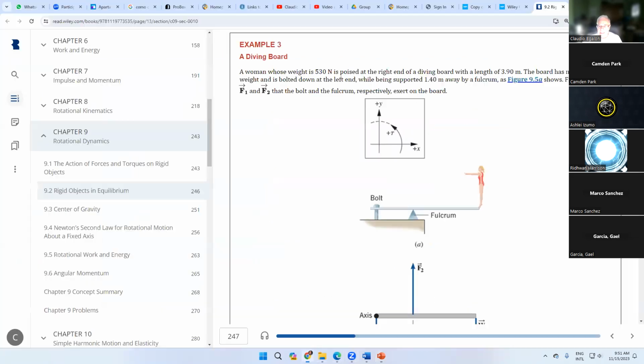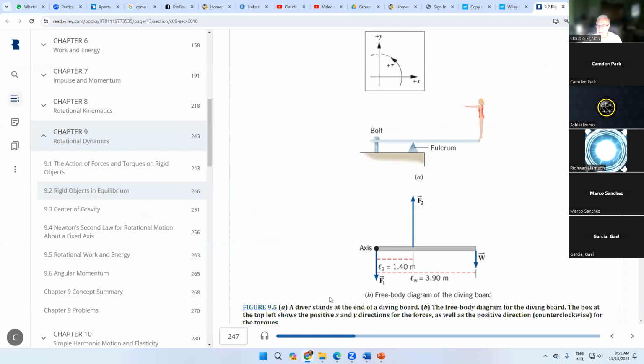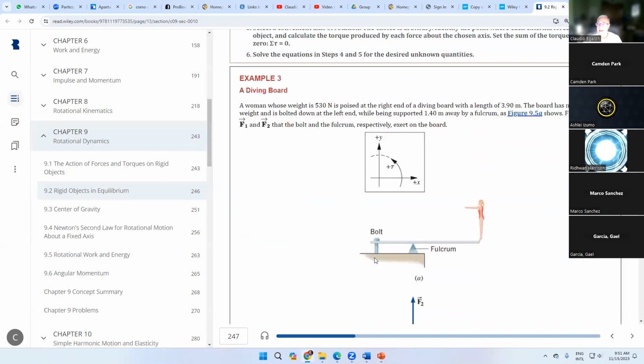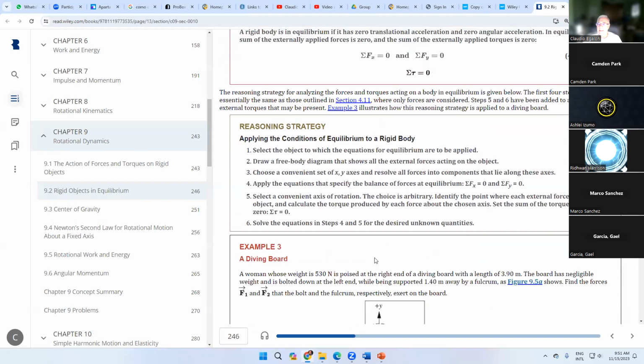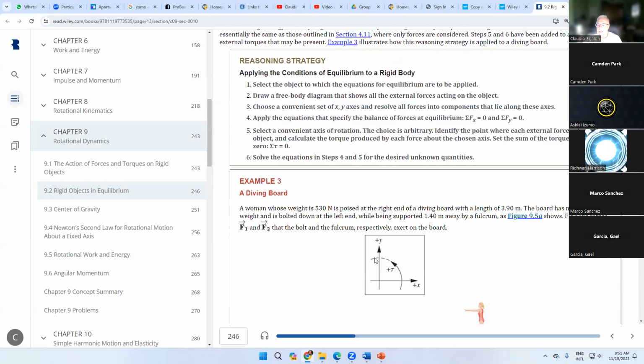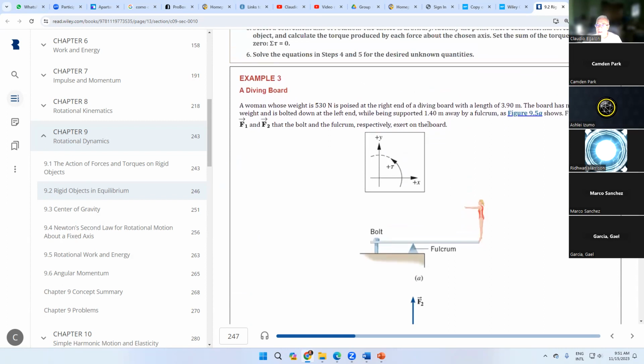And let's see what the book did. The book took the point of reference as being the bolt. The bolt has negligible weight and is bolted down at the left end while being supported 1.4 meters by a fulcrum.